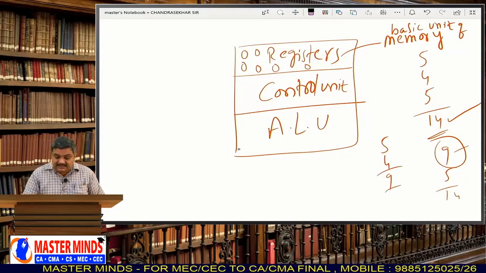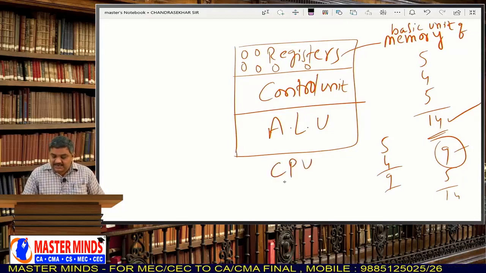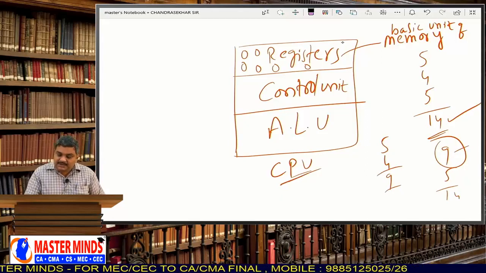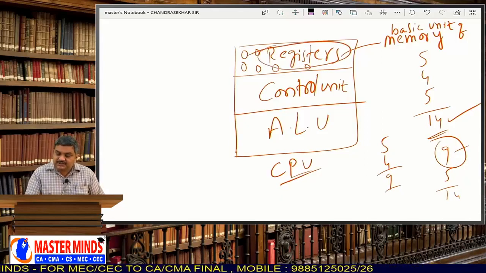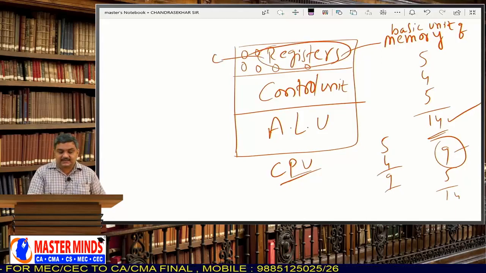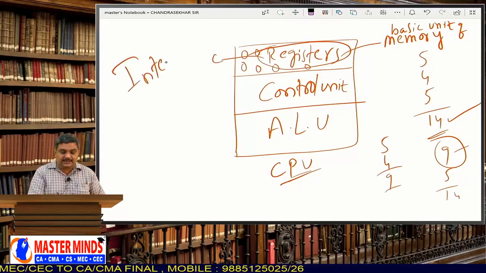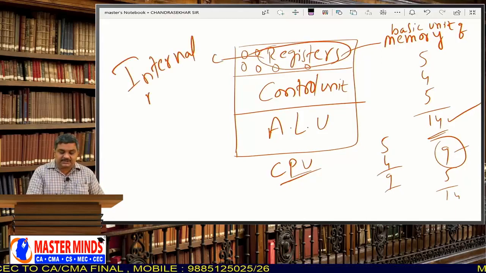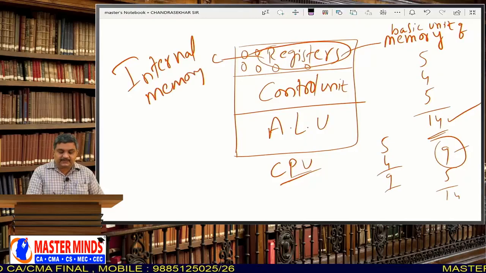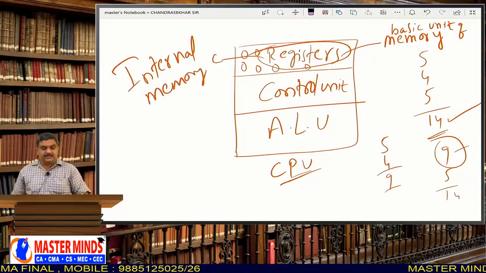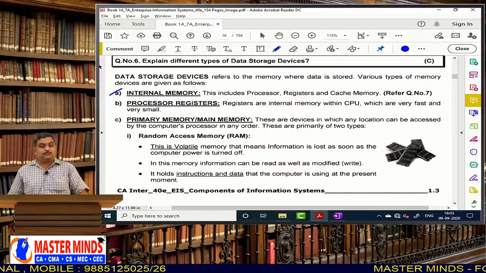So, inside the CPU, there is some memory in the form of registers. That is called internal memory. Okay, that is very, very important. Next, processor registers.